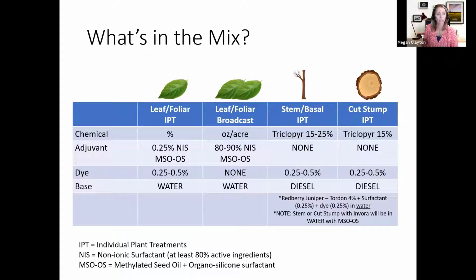So that might be something like a Dynamic, which is actually suggested at 4 ounces or 5 ounces per acre. And so you've got to read these labels to know how much of that has to be included. When you go broadcast, of course, we don't use a dye. Dye is messy enough for individual plant treatments. So no need to do that on a broadcast basis, but again, only in water.